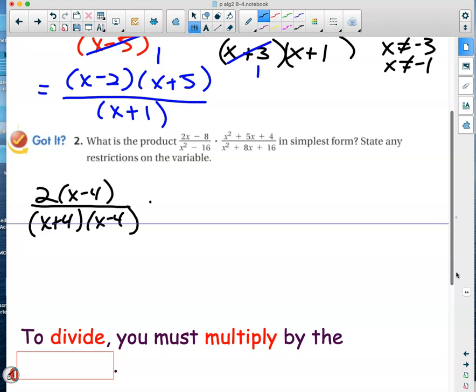Hey, this gives me a chance to remind everybody about perfect square trinomials. If this is a perfect square trinomial, the first term and the last term are perfect squares, which they are. But we also have to check the middle term. So you think, well, what did I square to get x squared? I squared x. What did I square to get 4? 2.